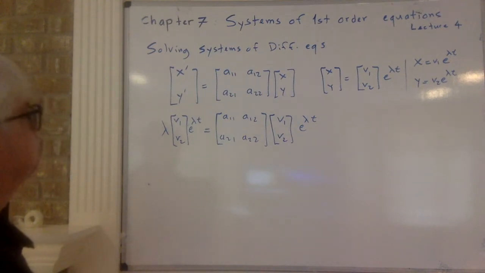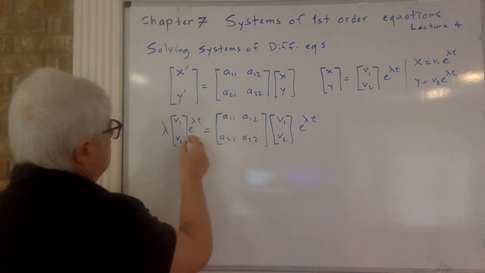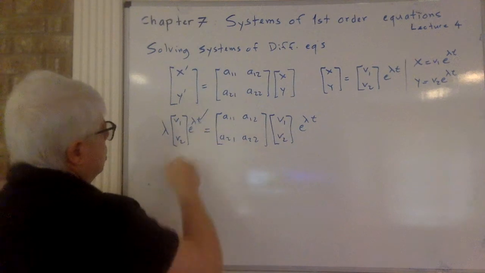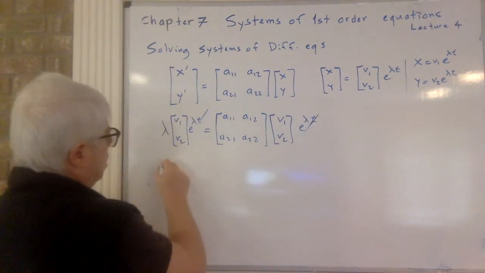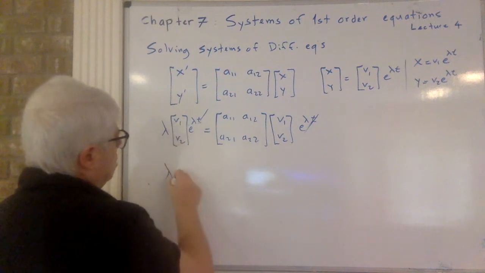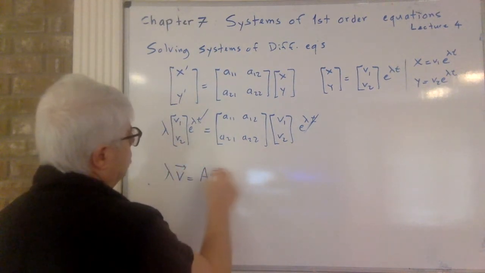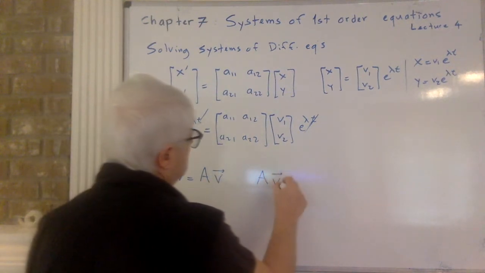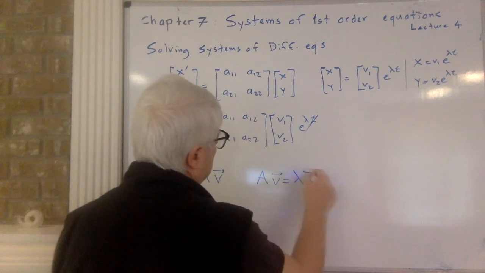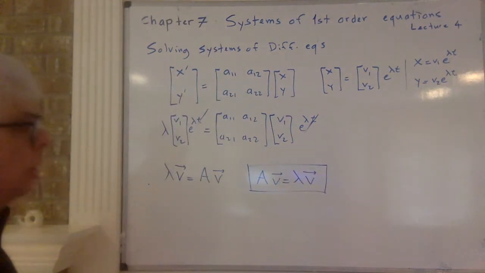So if I divide by e to the power lambda t, they cancel out, and I have this thing. Lambda times this vector v is matrix A times v. Or if I write it like this, which we are used to. I ended up with an eigenvalue problem.